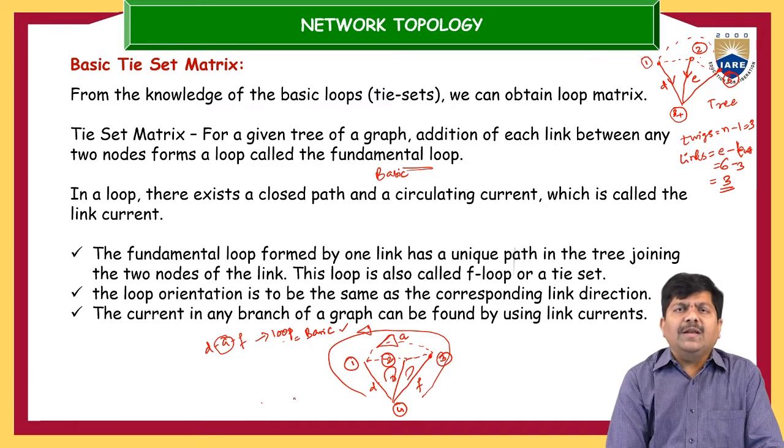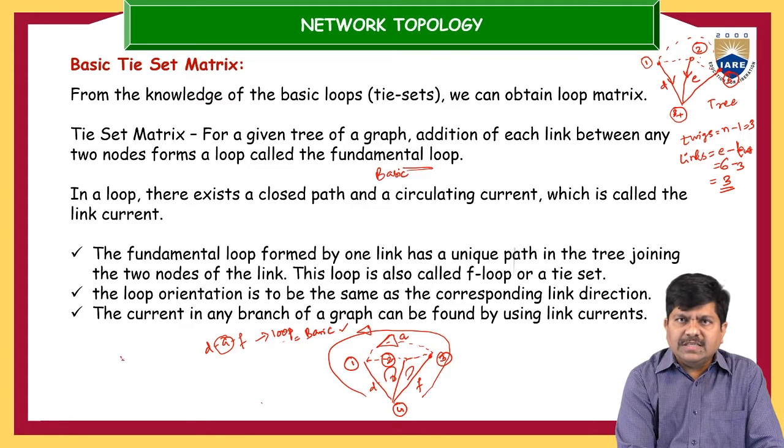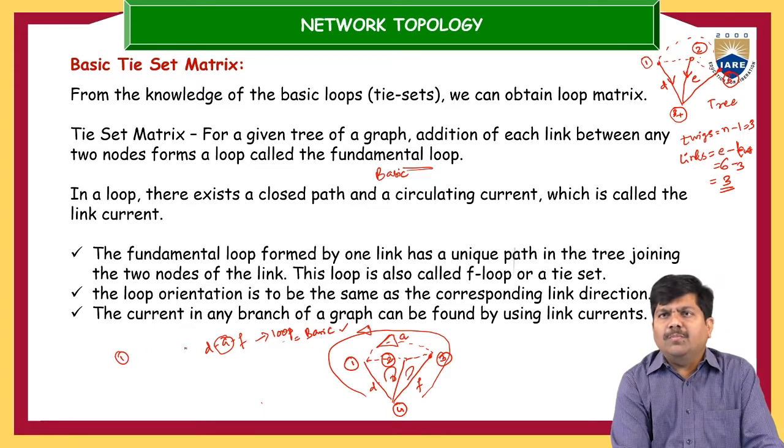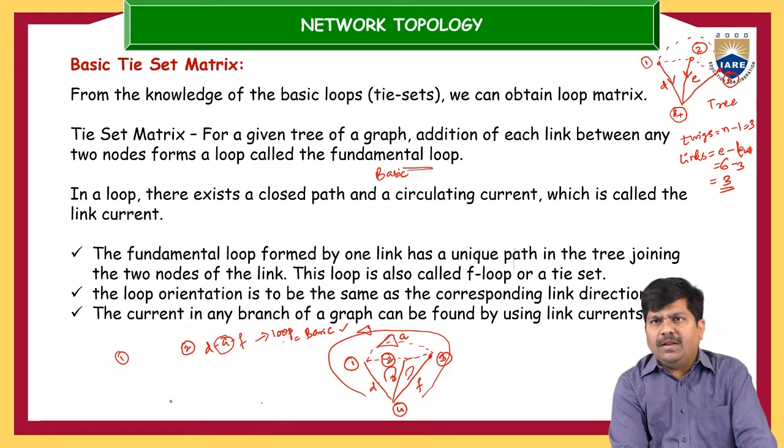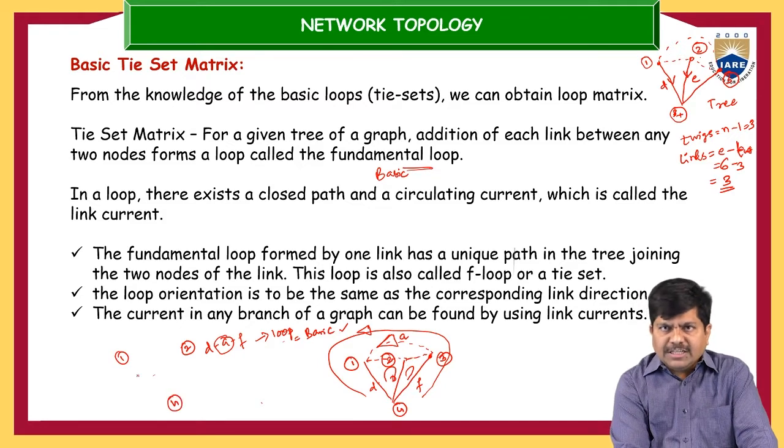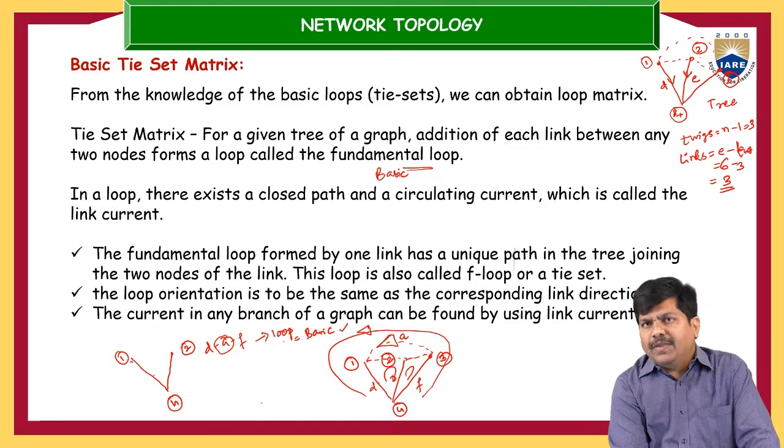So similarly, let me examine the same concepts for another mesh, another loop. Suppose this is node number 1, and this is node number 2, and this is node number 4. So what is the relation here? Node 1 is connected to node 4, and this is connected to node 2, and between them there is one link.